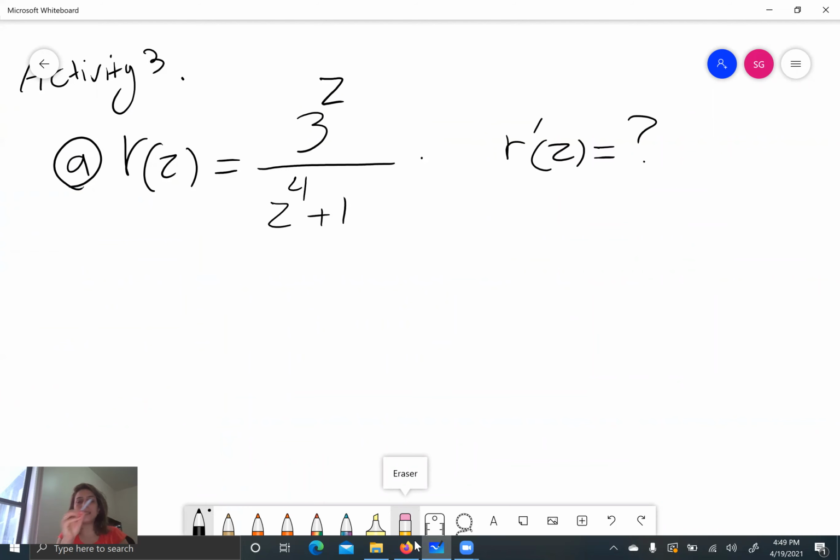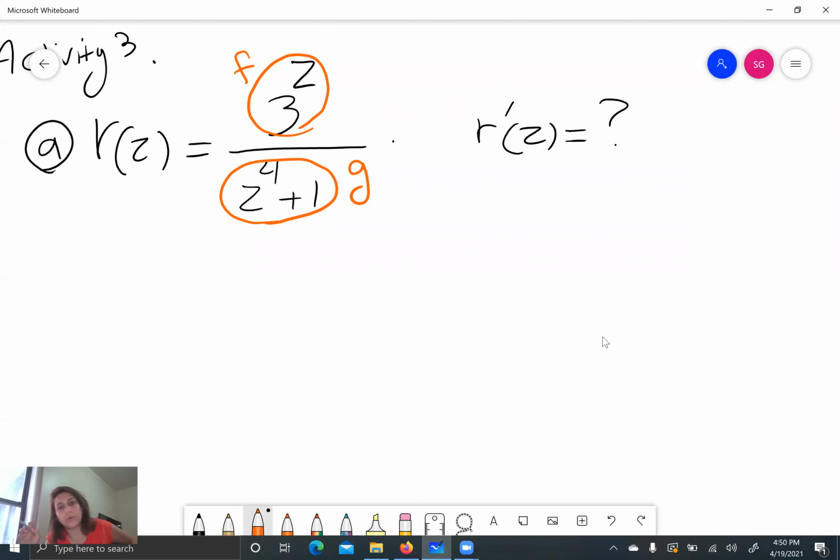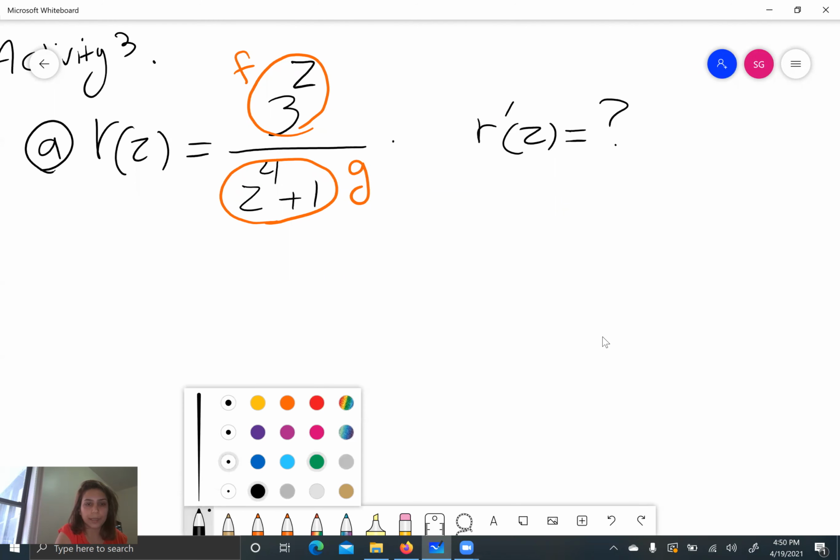You see that this is a division, so I'm going to give them names and use them in order to take the derivative. Let's call the numerator F and the denominator G. What is the rule?